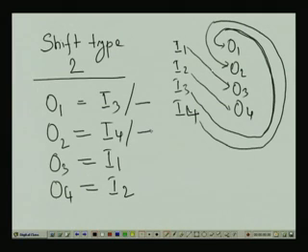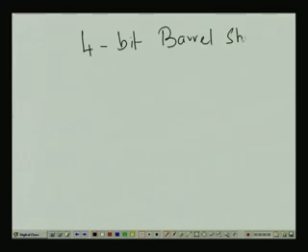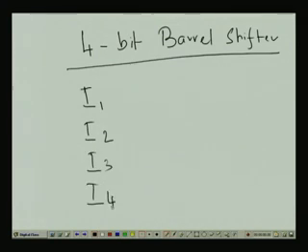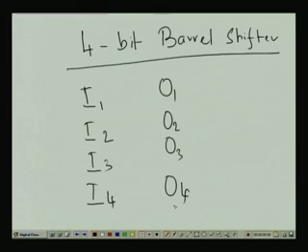Now, if we summarize, we want a 4 bit barrel shifter with inputs I1, I2, I3, I4 and outputs O1, O2, O3, O4.